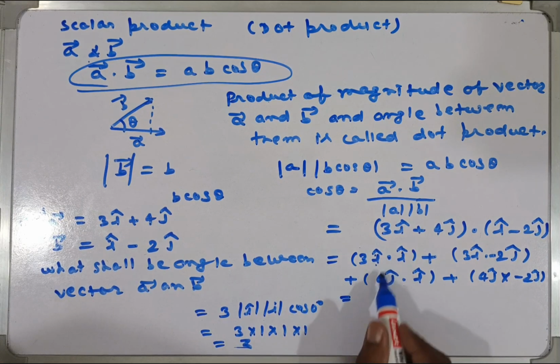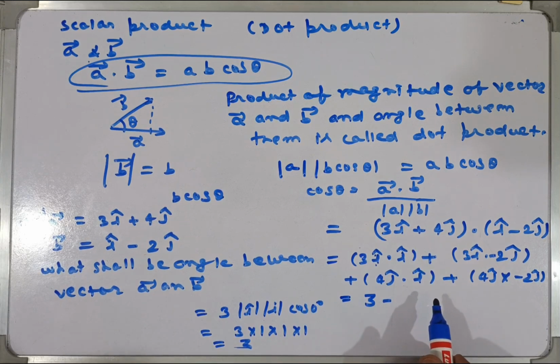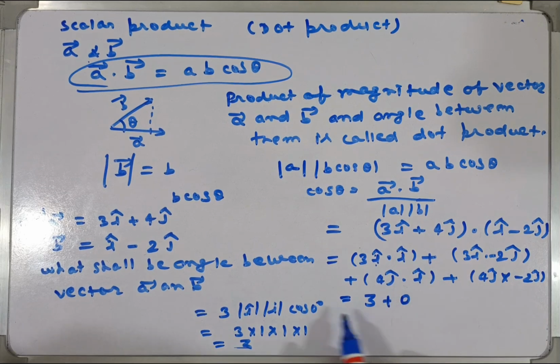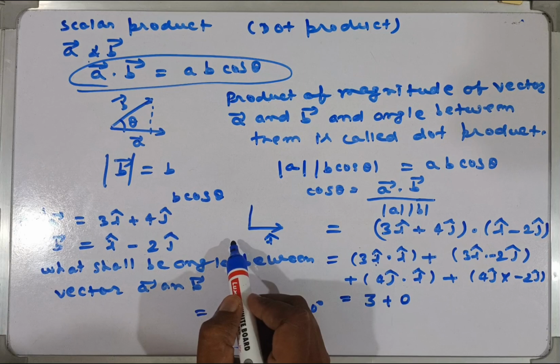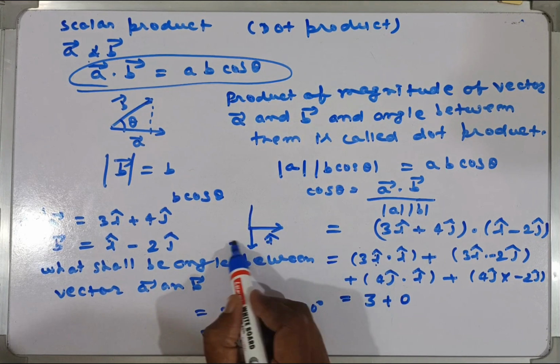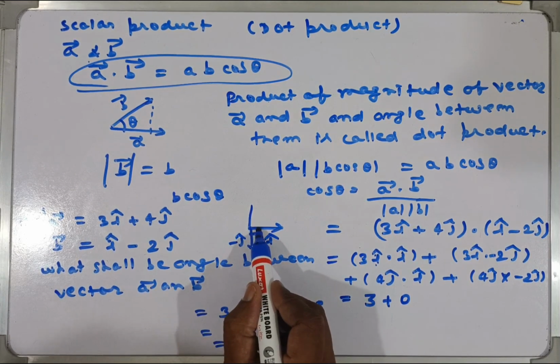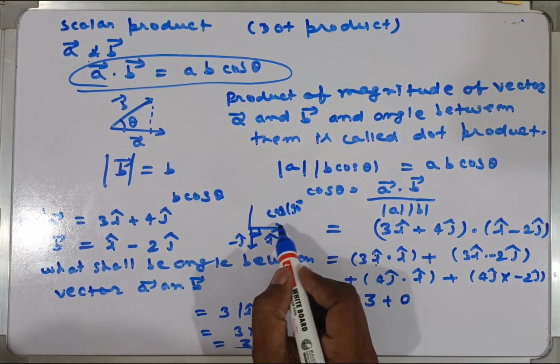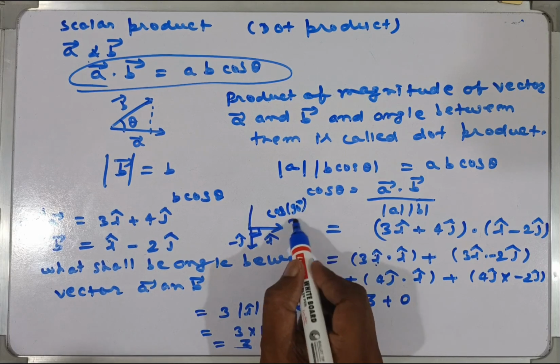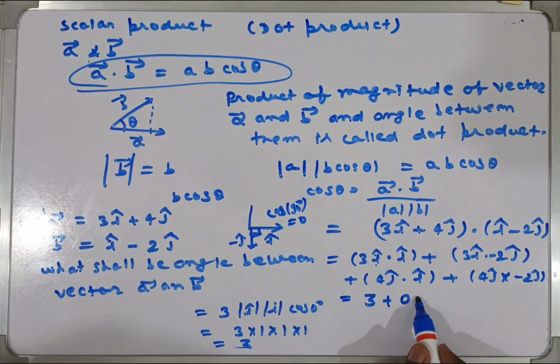This one will be 0 plus 0, because i is along the x axis and minus j is like this, so this angle is 90 degree, and cos of 90 degree is 0, so this value is 0.